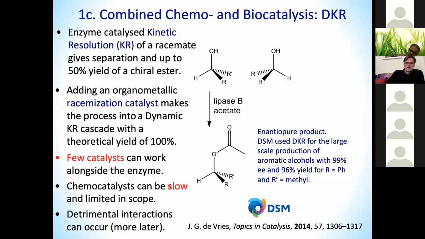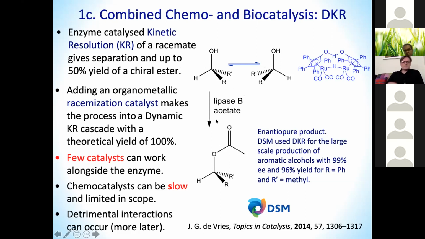The idea of dynamic kinetic resolution is you can add a racemization catalyst, which is going to interconvert the two enantiomers, and now the enzyme can see all the material. So that's the dynamic part. And this does work with organometallic compounds, and that's what DSM was operating.